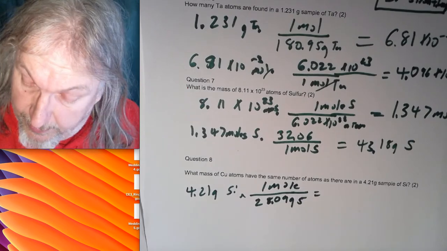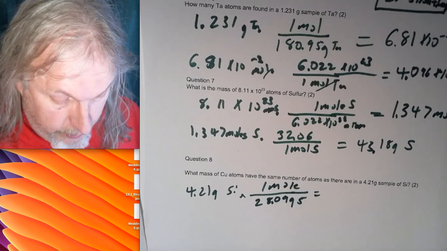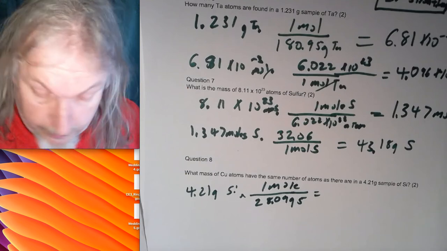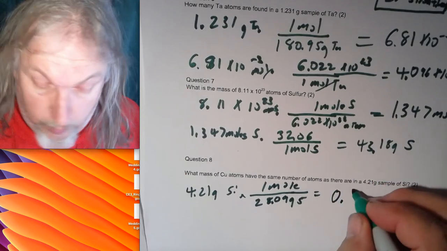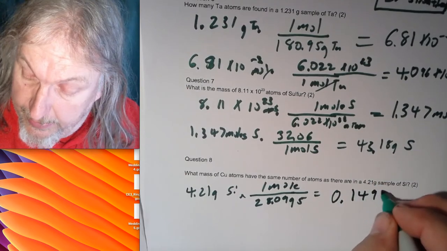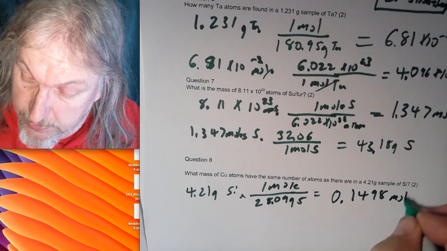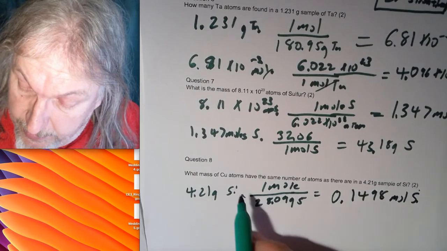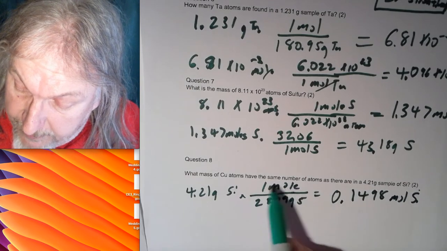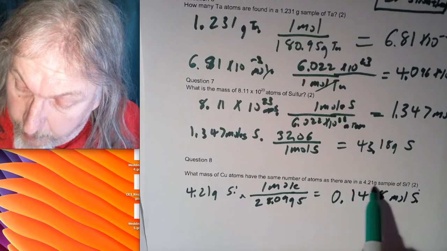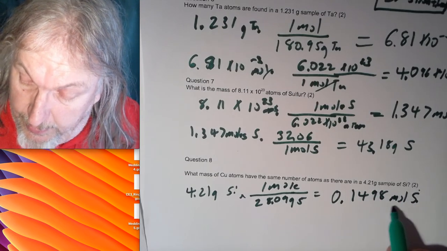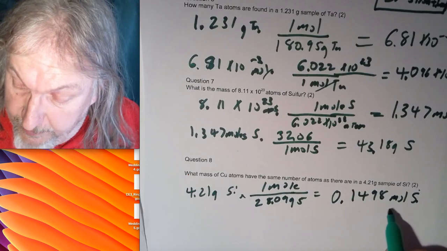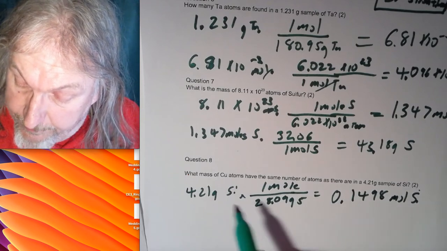4.21 divided by 28.09, and I get 0.1498 moles of silicon. So it asks for the same number of atoms as there are in a 4.21 gram sample of silicon. So really I'm asking for the same number of moles, right?